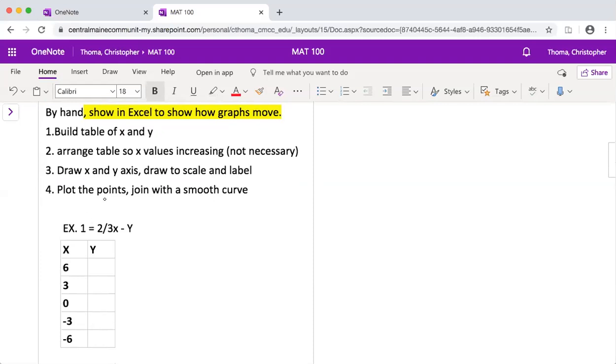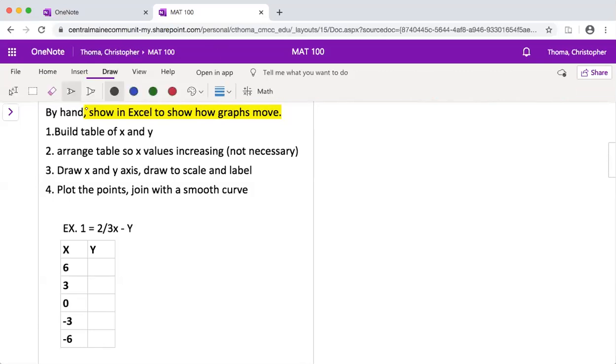1 equals 2/3 X minus Y. So let's do a couple practice algebra questions over here on the side, and then we will use Excel to do the rest.